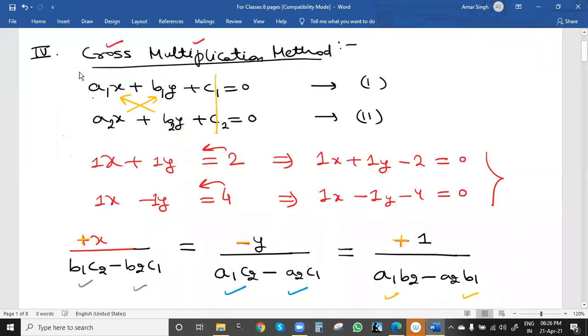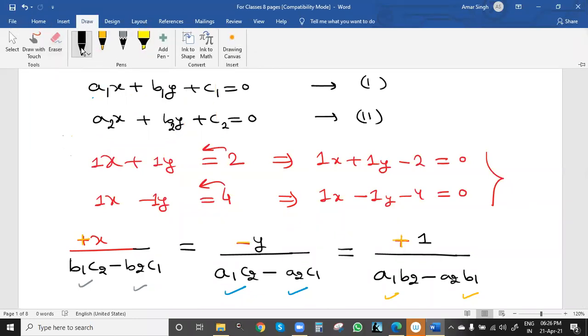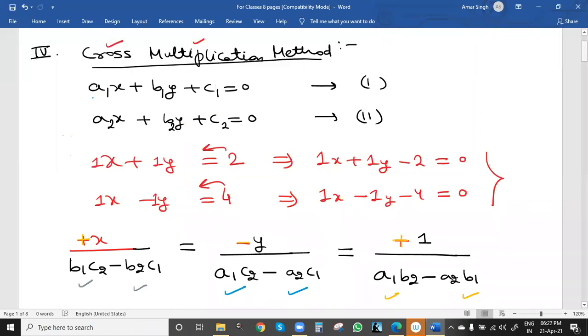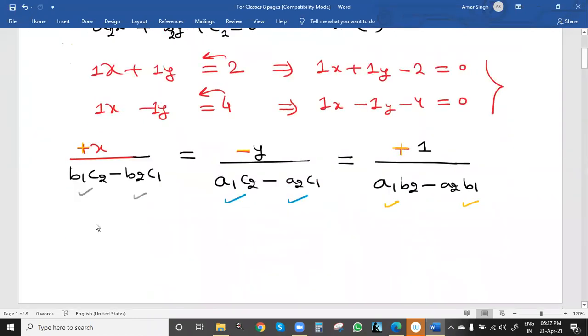And also one more thing: in the book they have written it in a very simplified form. Let me write that also. See, for this, x is basically the value we have to find. This is the constant value. So we can equate x with constant and also y with constant value.